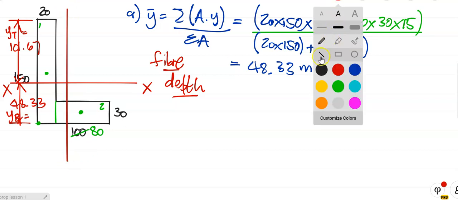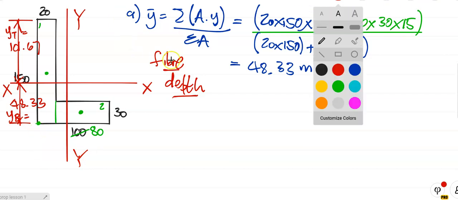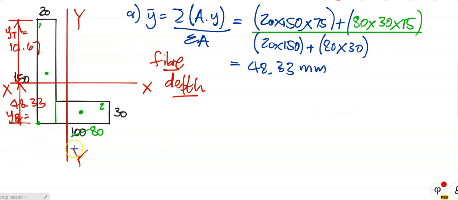What we're going to do now, people, because we're working about this point, we chose to work about at this point, we're going to work out the distance from there to there.